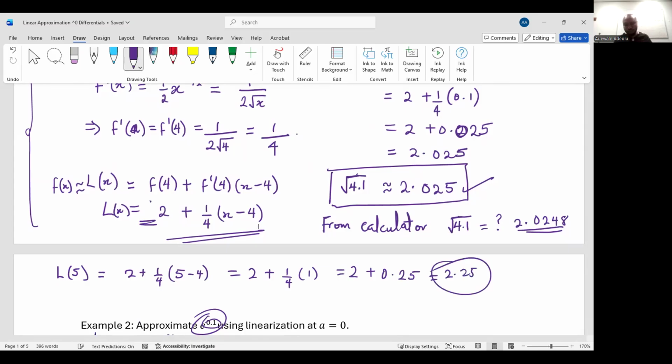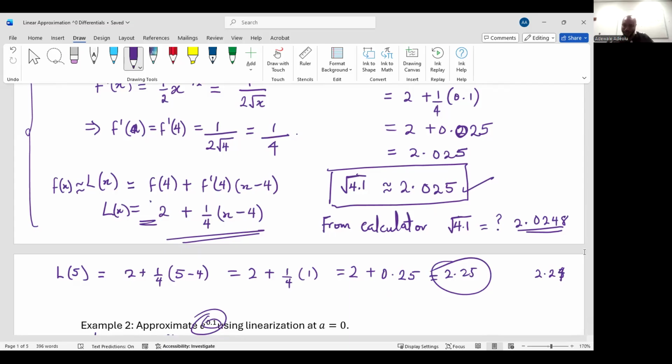Now let us go to the calculator. What is the square root of 5? Square root of 5 is actually 2.236. So that is like 2.24. Here we have 2.25. I'm like, okay, there is error.